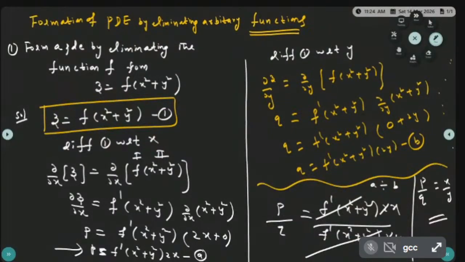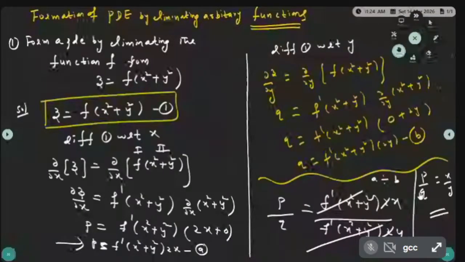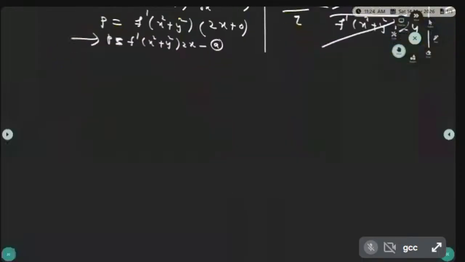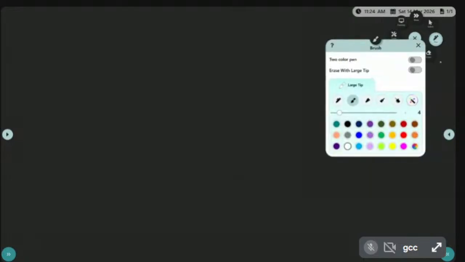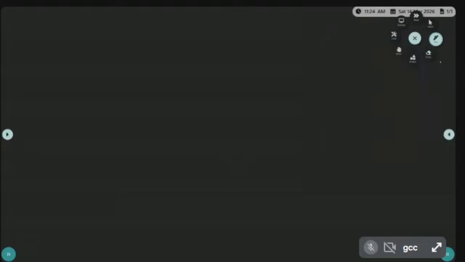Next. Dear all, have you understood this? Okay. Next heading, Lagrange's linear partial differential equations of first order. I will write the spelling. Who is talking? Right.